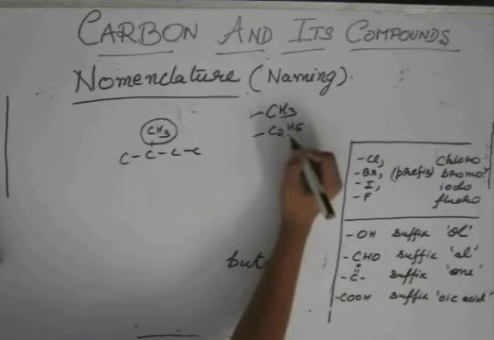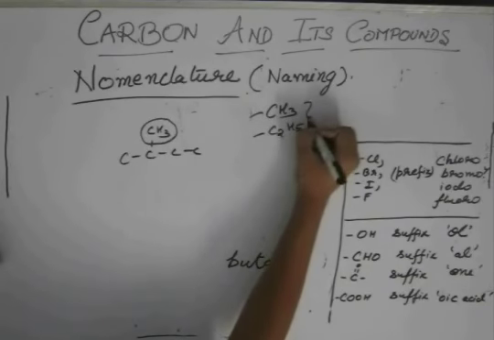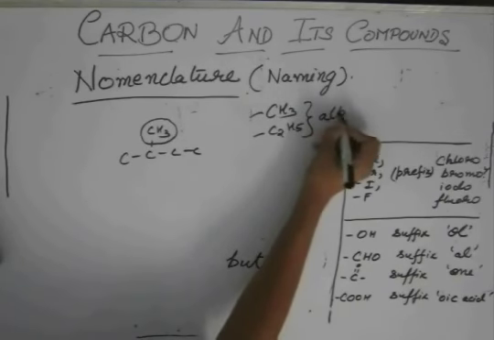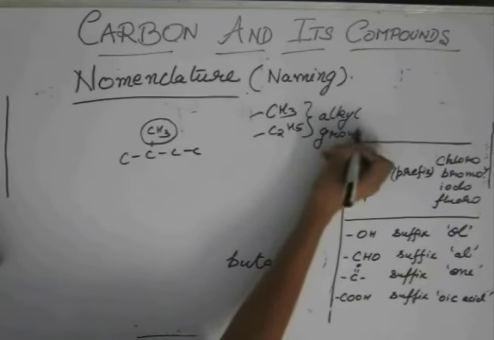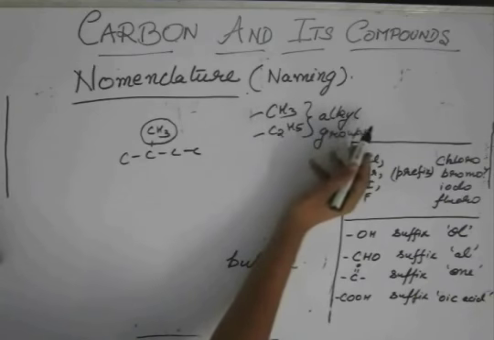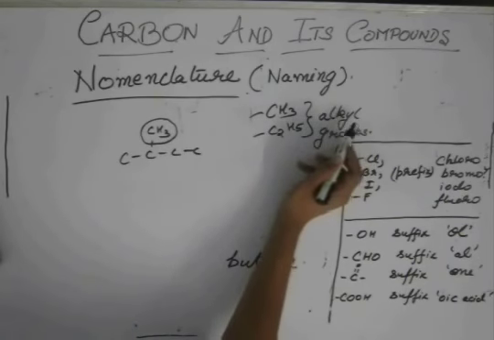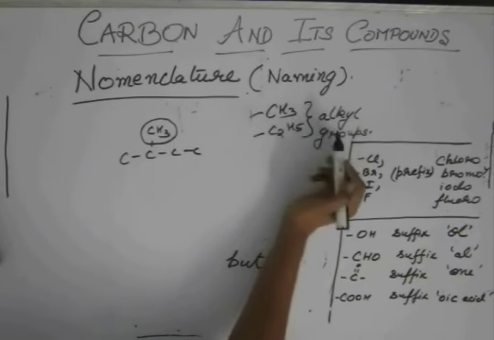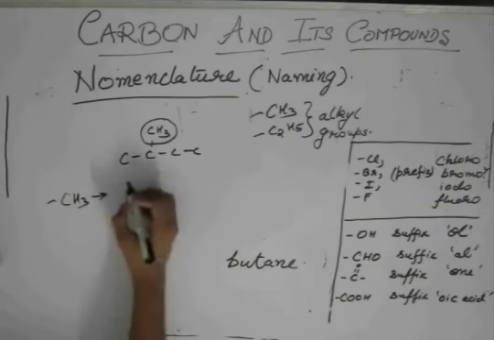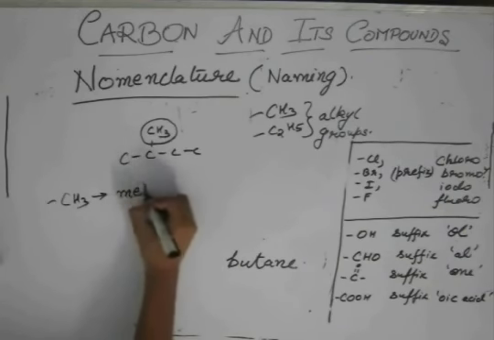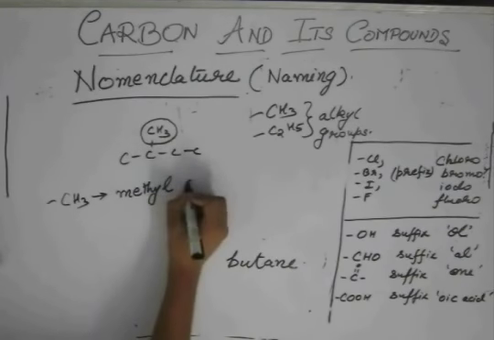These groups are called alkyl groups, and the naming is similar to the alkanes, just that this group, instead of being called methane, will be called the methyl group.